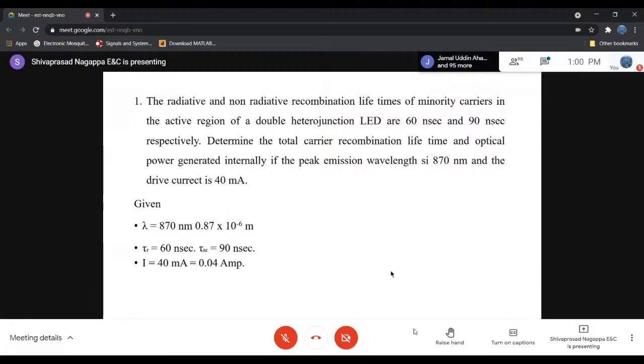Which formula is used to calculate the total carrier recombination time? First of all, is the question clear? Someone should tell me something. You people have to reply whether you understood the question or not. Hello? Am I audible?